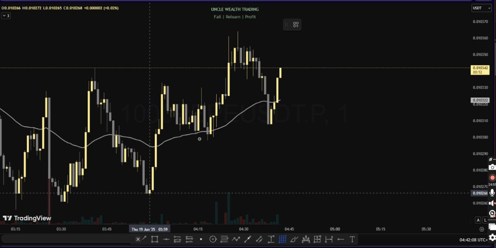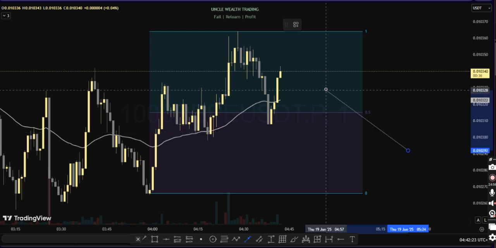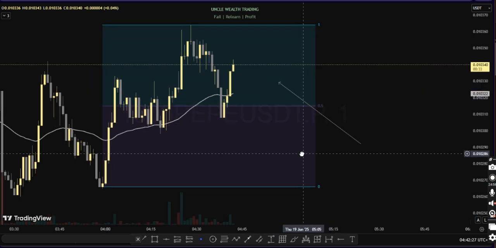So if you're understanding this, you can see that price right now is in the premium zone. So up here is your premium zone. And down here is your discount zone.